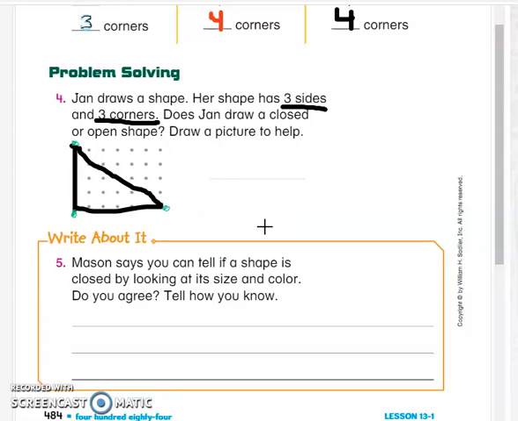Okay, so here's a really good way to test it. If you've just drawn this shape in your book, put your finger inside of the shape, okay, and see if your finger has any way to get out of the middle. Like, is there an escape? Is there an open way to get your finger out of the middle? Okay, if there's no way out, the shape is closed.